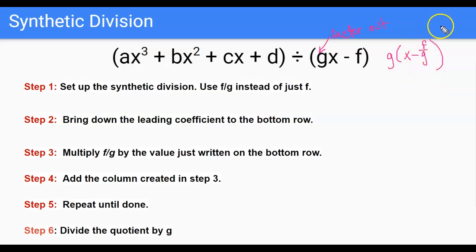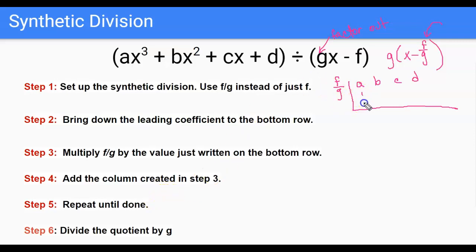And so that means that when I do this setup step for my synthetic division, these coefficients are all going to move over here just like they did last time. We're going to make sure we have placeholders and all of that kind of stuff. But instead of just having f out here, I'm actually going to have the fraction f over g. But our steps are going to all stay exactly the same.